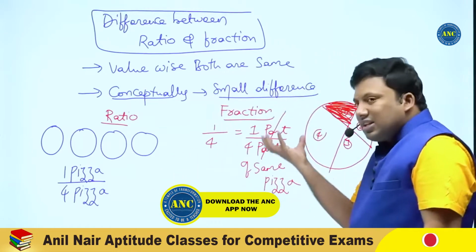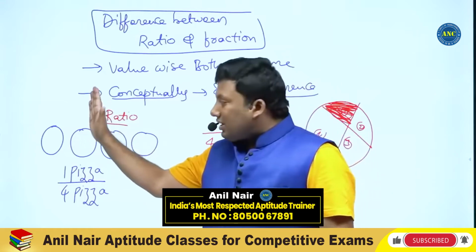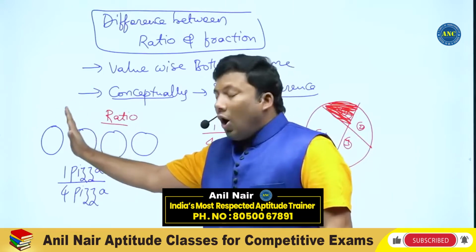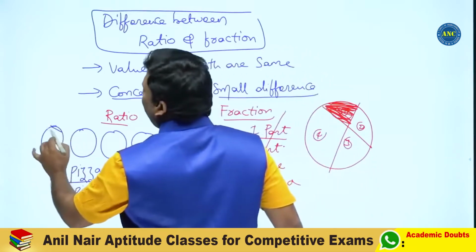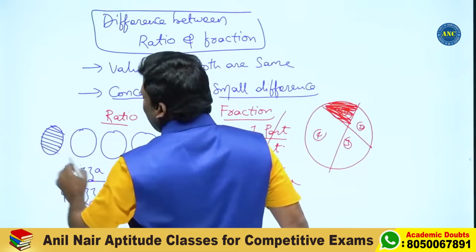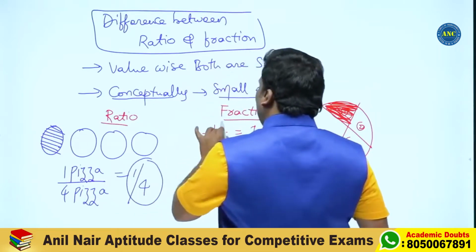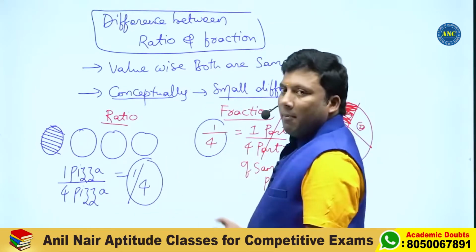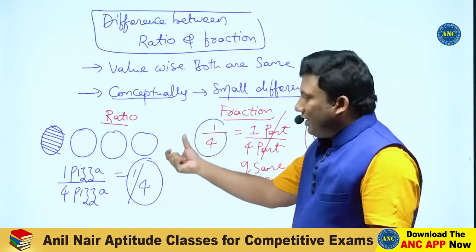Here, within the same pizza you are dividing it into parts, but in a ratio you are taking one quantity out of 4 quantities. The value is 1 by 4. Value wise both are the same, but there is a difference.